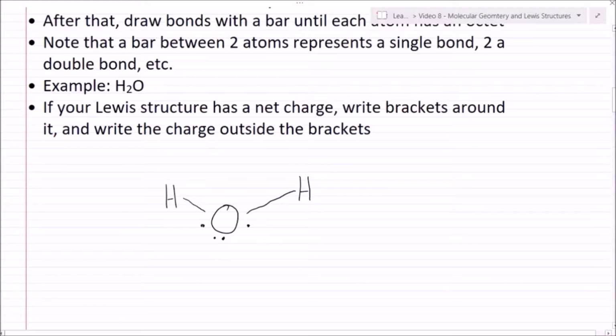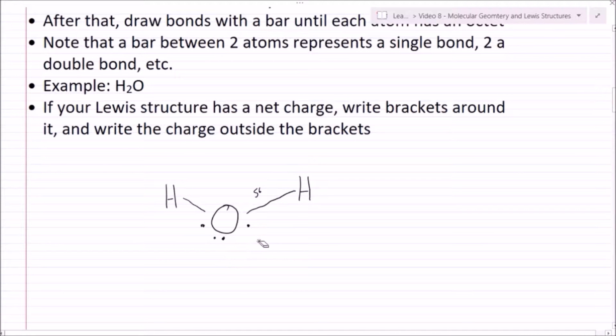And now we can count the octets. So here, if you see a bond to an atom, you count it as 2. So here there's a bond to hydrogen, we have 2, we have a full octet, same here. For oxygen, we have 1, 2, 3, 4, and then a bond, 5, 6, 7, 8. So we have a full octet.